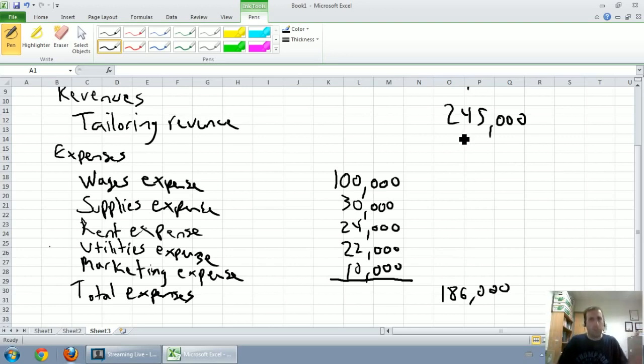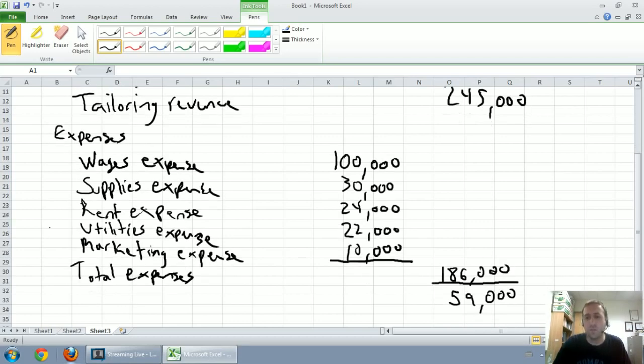We've said the income statement is all about revenues minus expenses. 245 minus 186 is going to give us our major total here, our net income. 245 minus 186 is, I hope I'm right, $59,000. Shouldn't do math in my head. Should have calculated this before. I hope it's right.